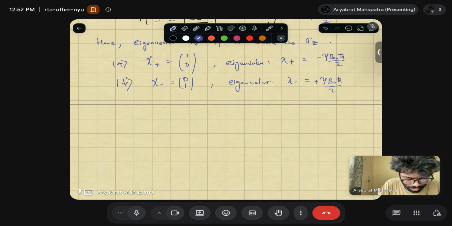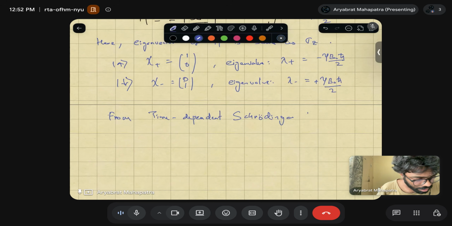Chi is some state which can be a linear combination of up state and down state.